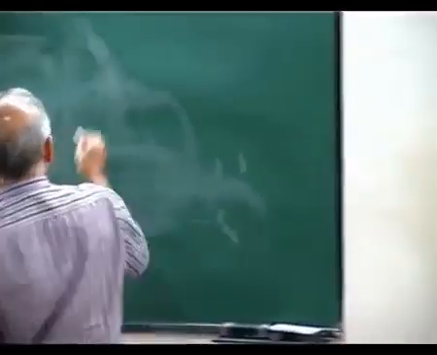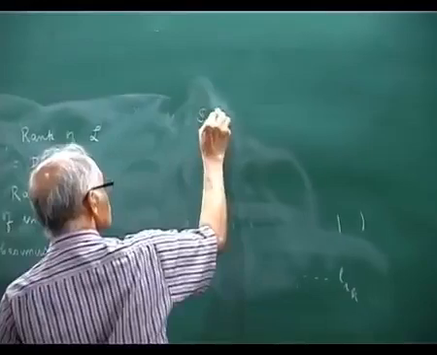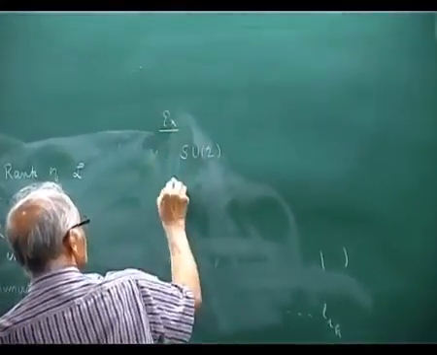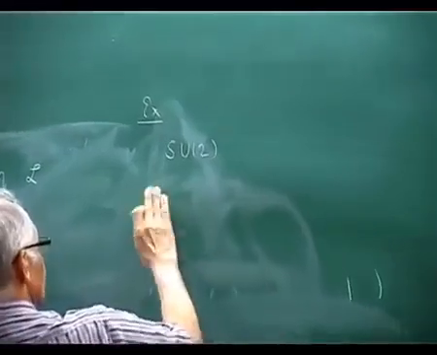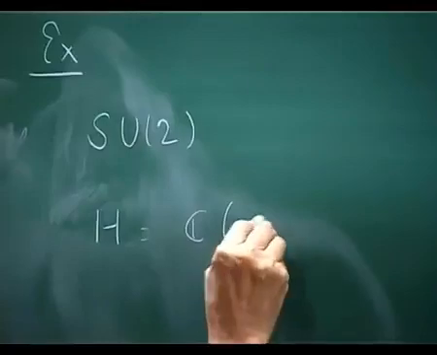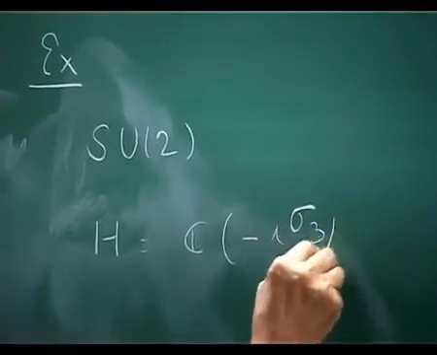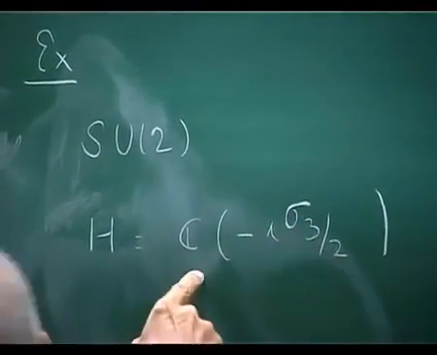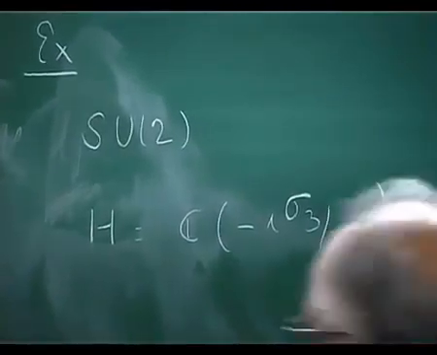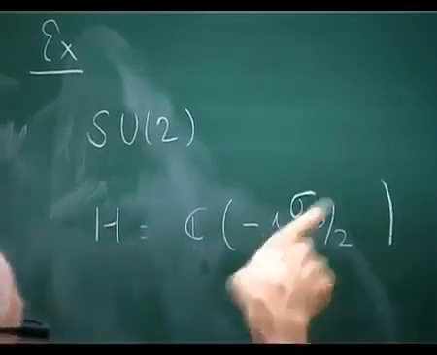So let me look at the SU2 example. H is the span of minus i sigma 3 over 2. I mean that you take all complex multiples of this, or it could be any other thing, any conjugation.